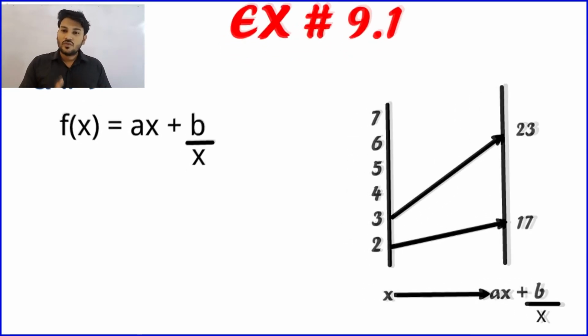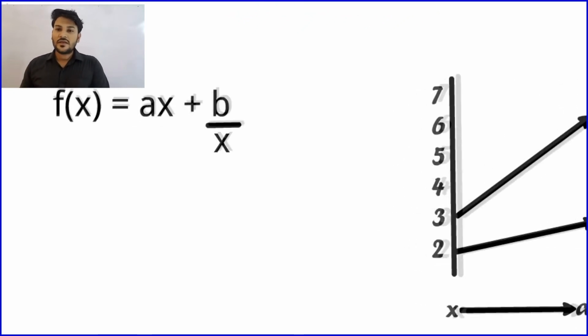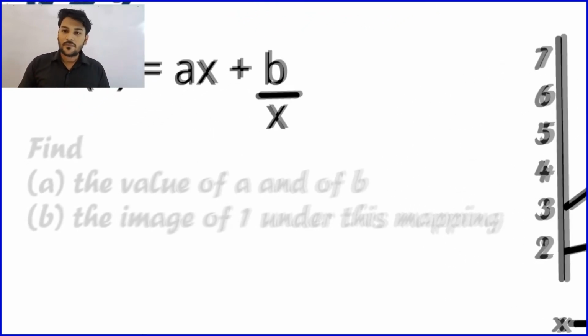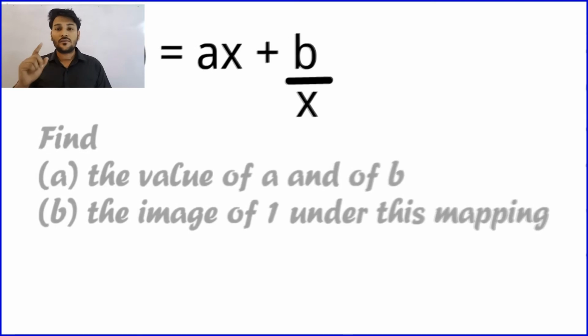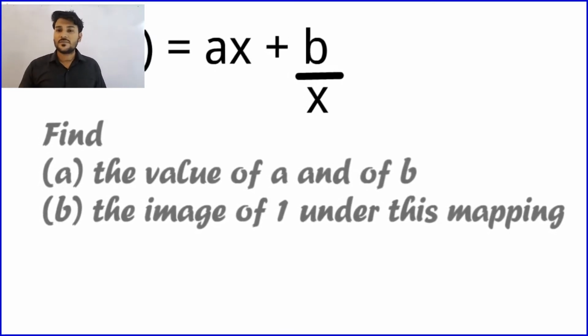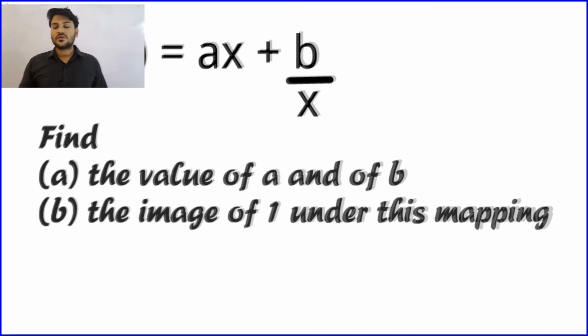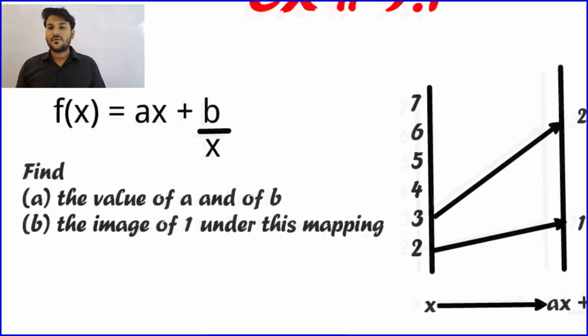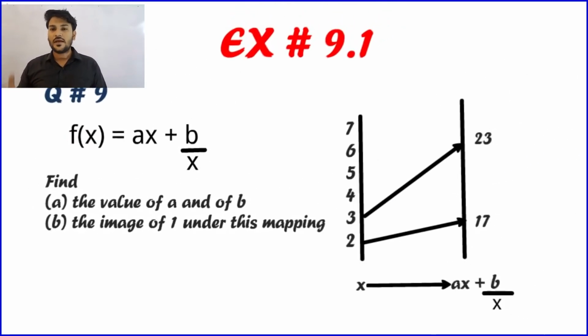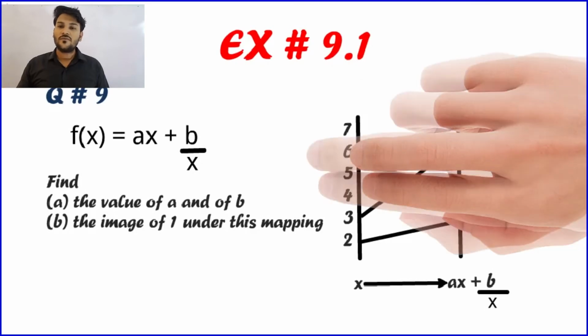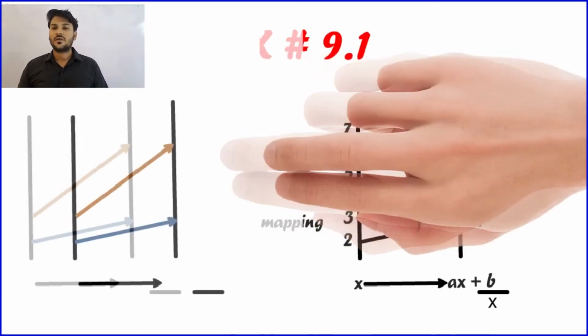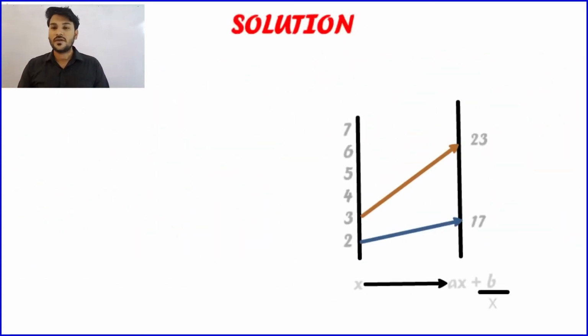Means 2 maps to 17, 3 maps to 23, and the function is f(x) = (ax + b)/x. This is the function already given in this question. In this question we have to find the values of a and b and the image of 1 under this mapping. That is all the information given in question number 9.